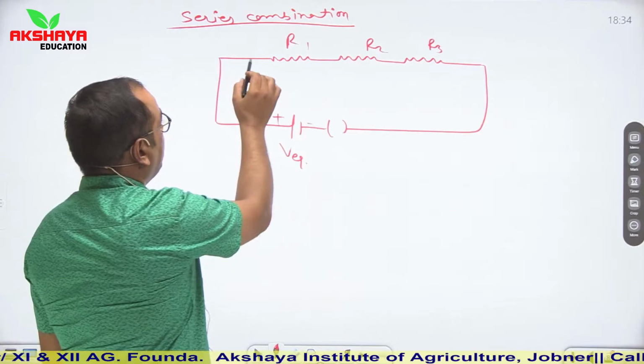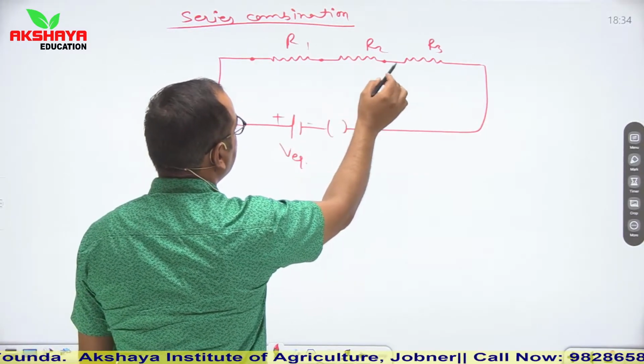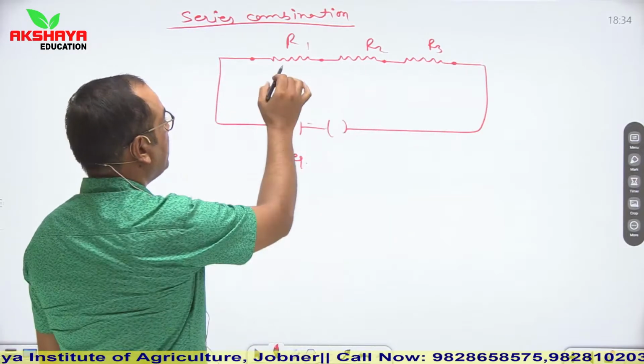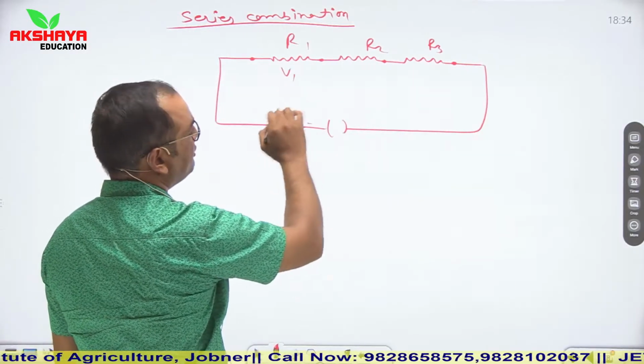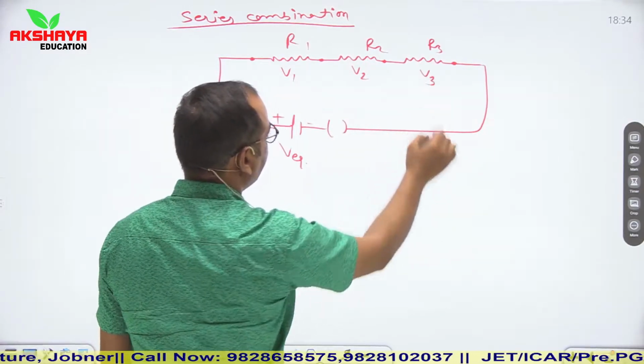Now see, terminals of these resistors are connected at different places, so potential difference across them will be different. Let us say the potential difference across R1 is V1, across R2 is V2, and across R3 is V3.